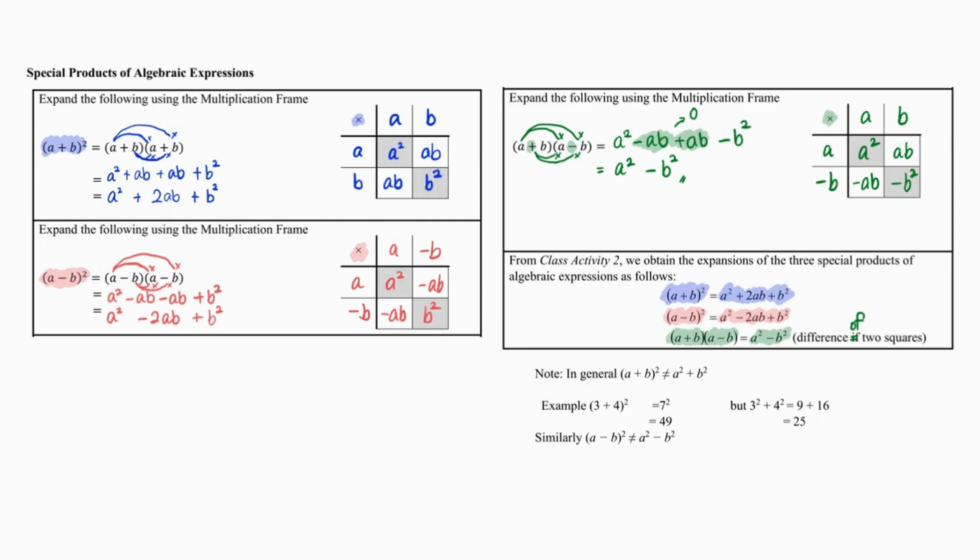And the last part is a misconception that students actually think that (a plus b) square is equal to a square plus b square. So do take note, they are not equal. And how do we prove that? This is the proof.